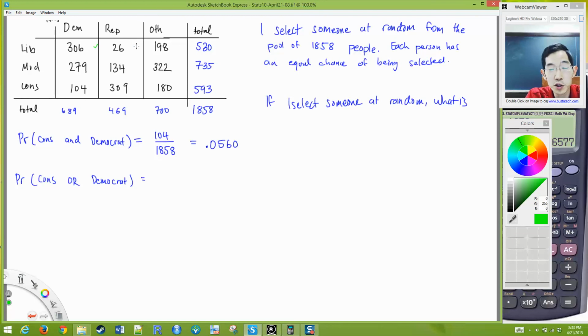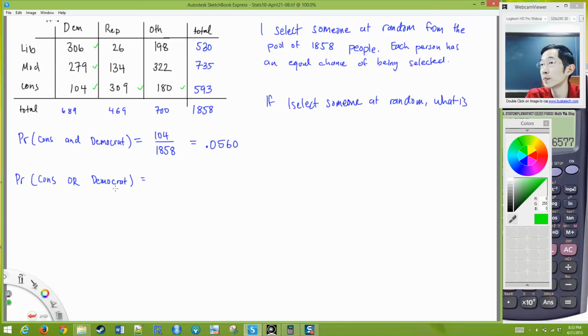Do these 26 people count? No. 198? No. 279? Yes. 134? 322? 104? Yes. 309? Yes. 180? Yes. These 5 cells of people count as being conservative or Democrat.